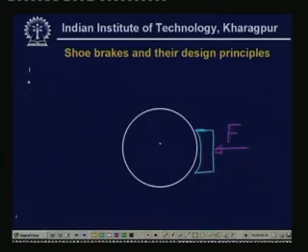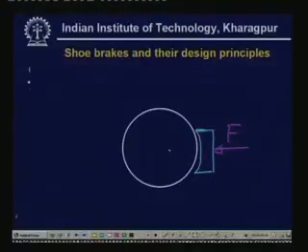Then what happens to this drum? If you draw the free body diagram of the drum, there will be one frictional torque acting over here, as well as a force F in one direction on the drum, and that force causes bending stress in the shaft which contains this drum, because the drum will be mounted on a shaft. A bending stress is developed in the shaft and the bearing. So, the bearing will have to support this bending stress.